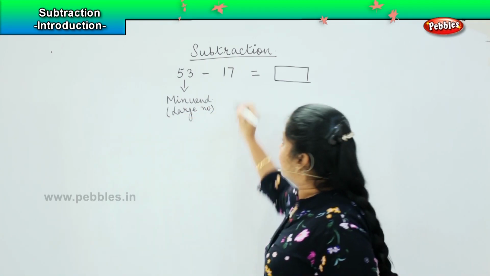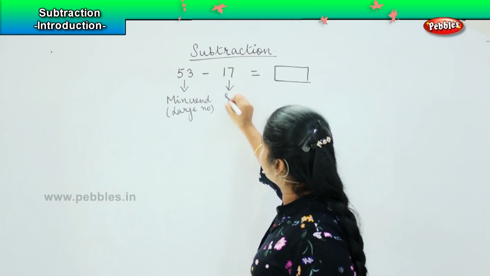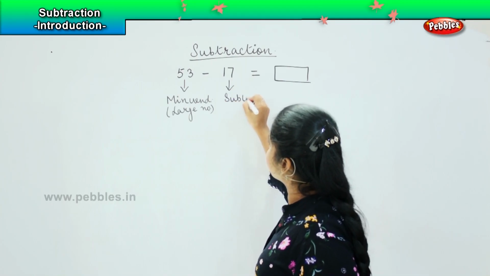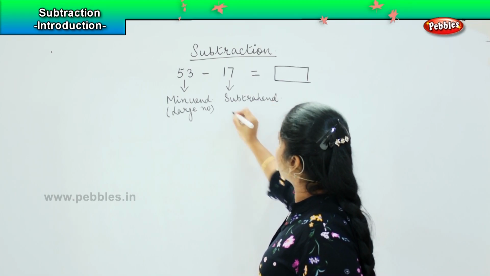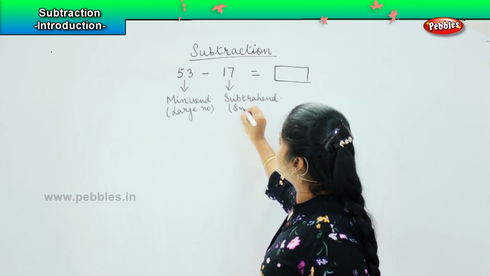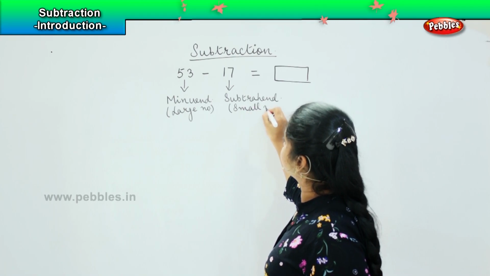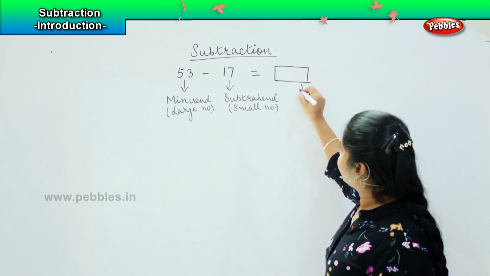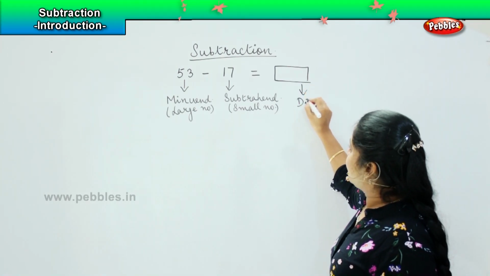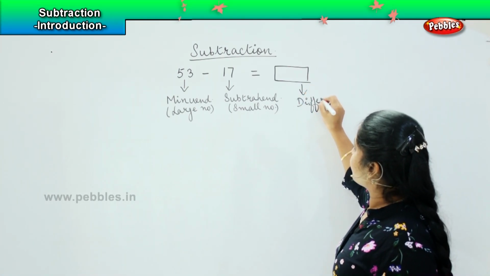Okay. This is called as subtrahend. And this will always be a small number. Okay. And the answer that we derive here, that is called as my difference.